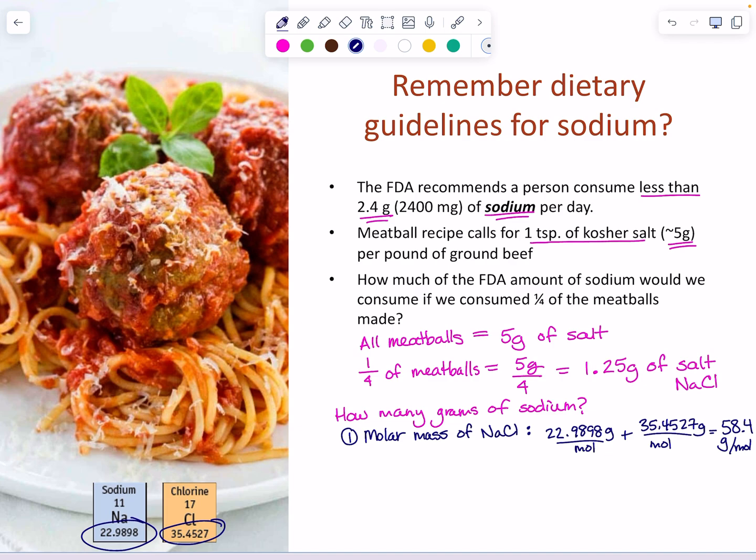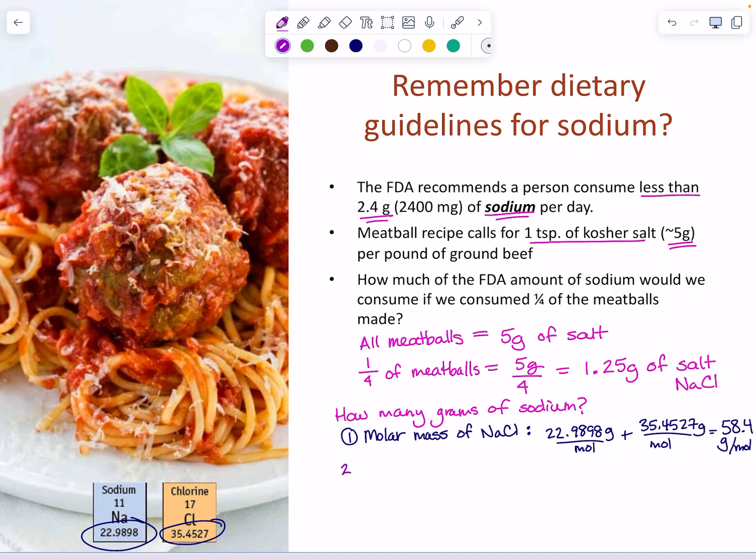All right, so the second thing I'm going to do is, if I'm trying to figure out how much of that 1.25 grams is salt, I have to figure out how many moles of sodium chloride I have there, because I'm trying to treat it as objects, okay?